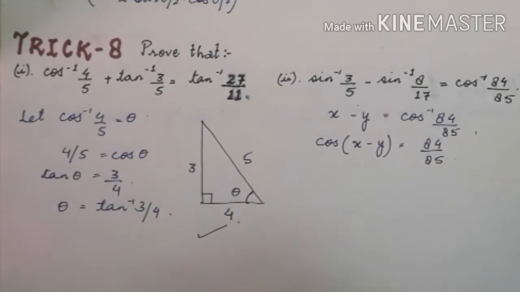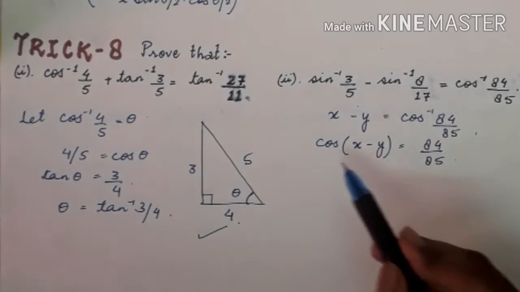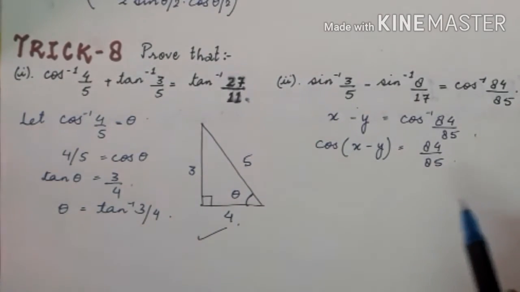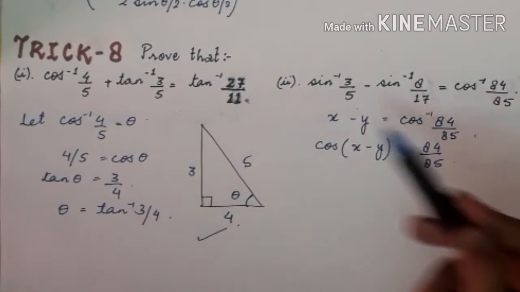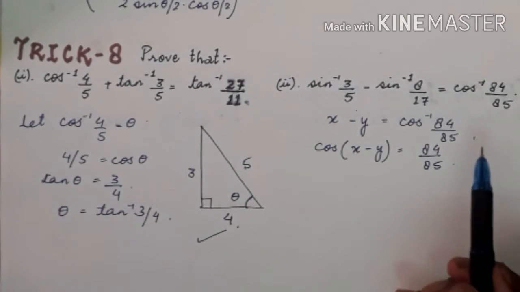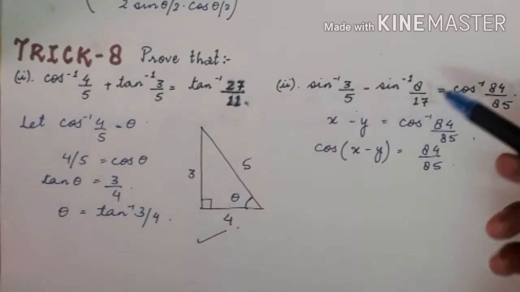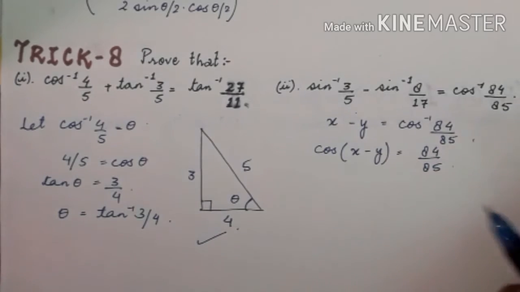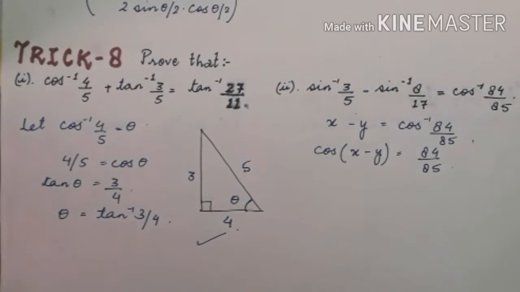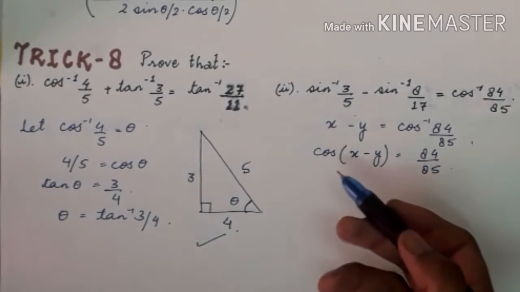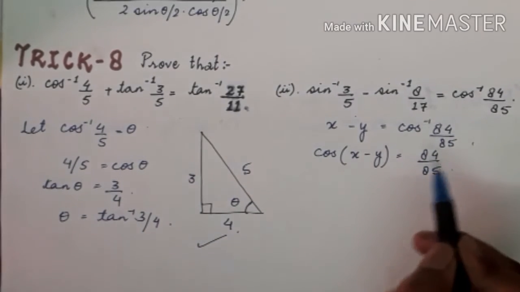So see, if you prove cos of x minus y is equal to 84 by 85, then your equation will be proved. You can prove it. This is the way how you have to do it. Just let the sine inverse function or the cos inverse function, whichever is given, as x and y, and then take this cos inverse from RHS to LHS and find cos of x minus y.